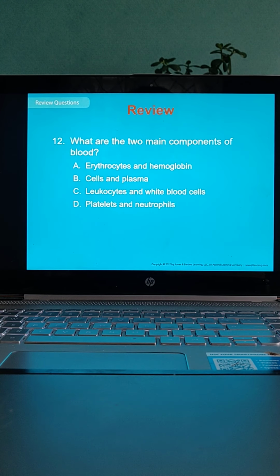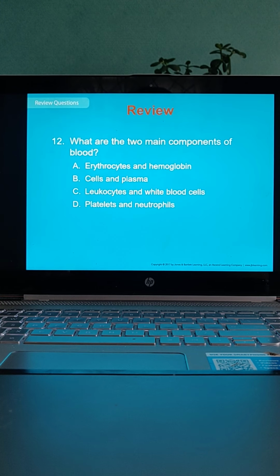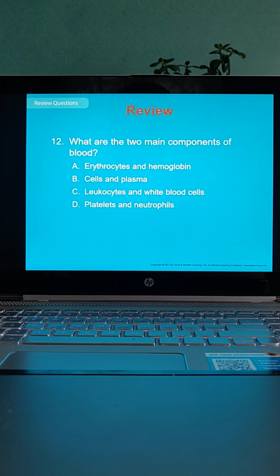Honestly, that was a tricky question because you got the red blood cells, the white blood cells, the platelets, and the plasma. I apologize, I did not discuss that with you guys. Blood is made up of 4 different things, but the two main components are the plasma, and then in the plasma, you've got the cells. What kind of cells?